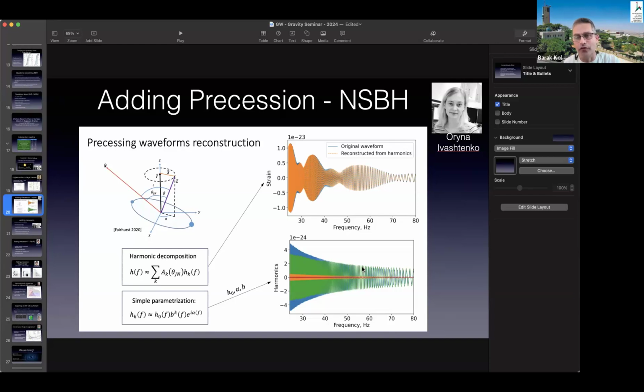And people now go to very high PN orders. They go to 4 or 5, and they say that LISA will be sensitive to it, or maybe LIGO is almost sensitive to it. I'm curious to hear your perspective. How many PN orders, if you have such a perspective, are actually effective right now?